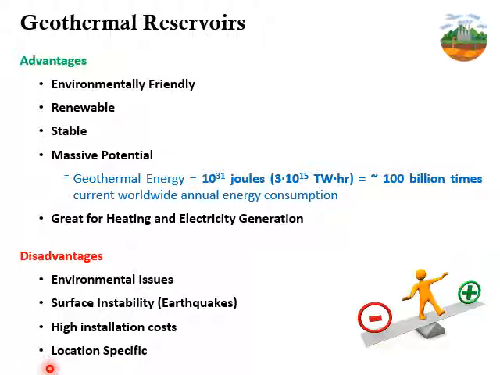Usually the surface is cool as far as we can reach by excavators. So we need deep digging to have enough temperature for its harnessing. But naturally some surfaces are hotter, from which this energy oozes out. At those points, it is much easier to harness this energy. So that's why it is location specific.